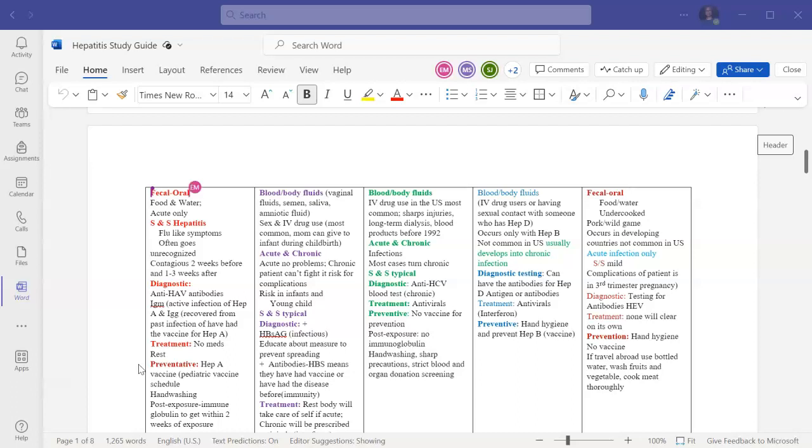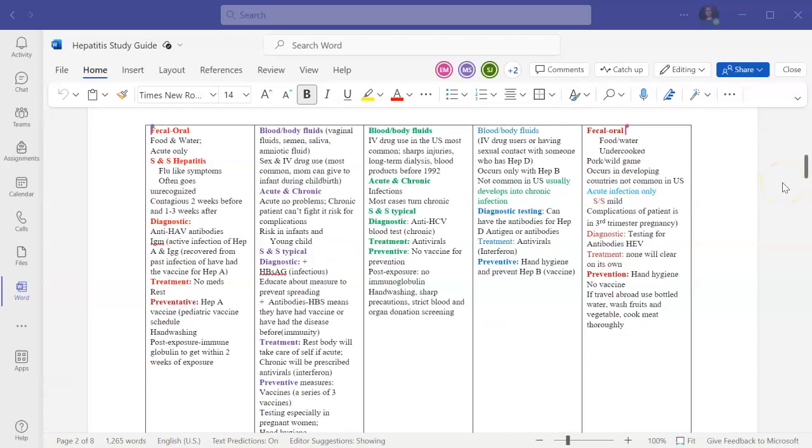Okay? Now let's look at hepatitis B. We've talked about how it's transmitted. What are signs and symptoms of hepatitis B? Yeah, they have symptoms.